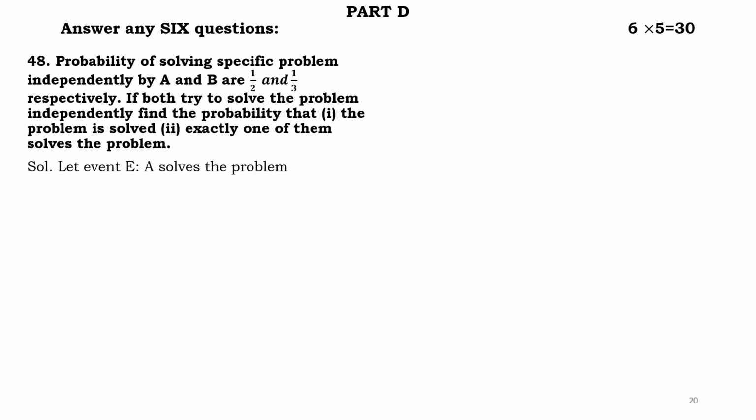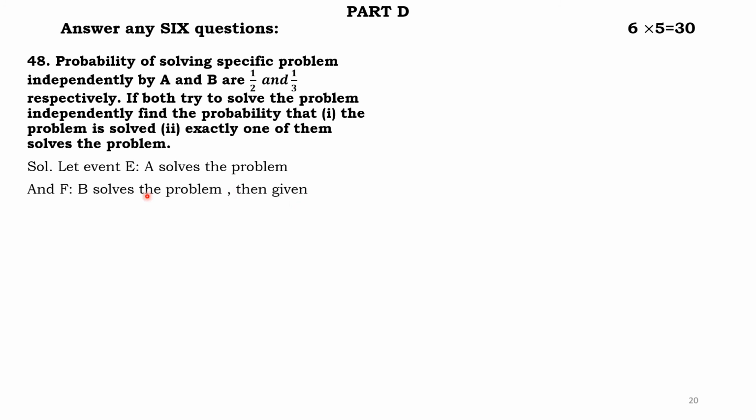Next question. The probabilities of solving a specific problem independently by A and B are 1 by 2 and 1 by 3 respectively. If both try to solve the problem independently, find the probability that the problem is solved, and the probability that exactly one of them solves the problem. Let E be the event that A solves the problem.